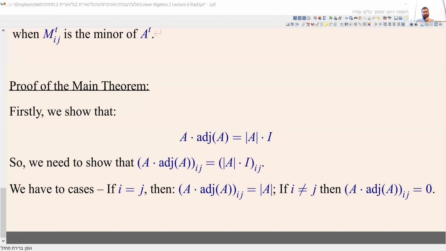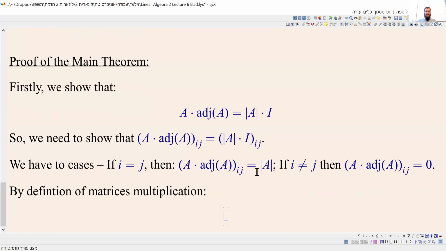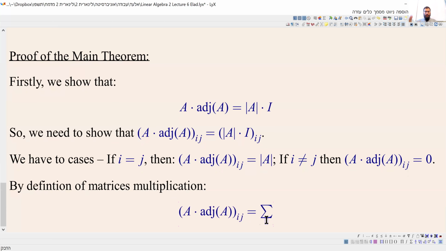If i is not j, by definition of matrix multiplication, the ij element of the multiplication is the sum, let's use the letter k, k goes from 1 to n, of the ik element of the left matrix and the kj element of the right matrix.